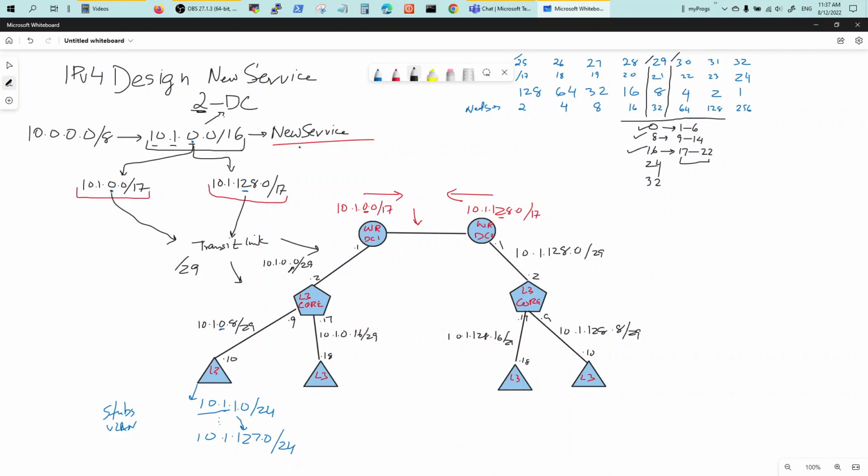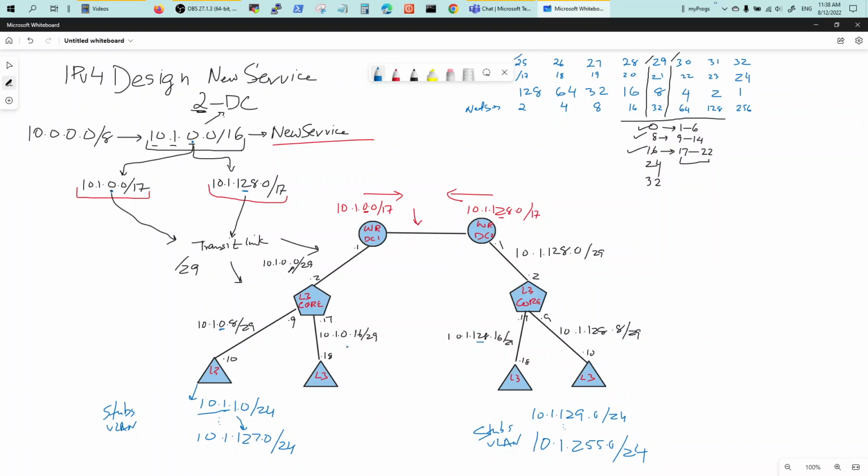And then the stubs, or the VLANs, would be 10.1.129.0/24, because you're using 128 for your transits, all the way to 10.1.255.0/24.